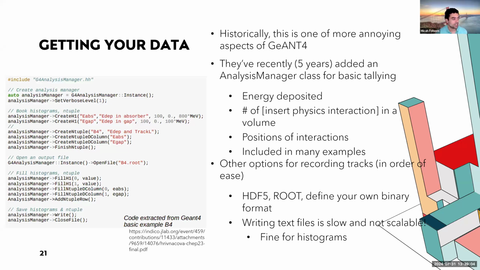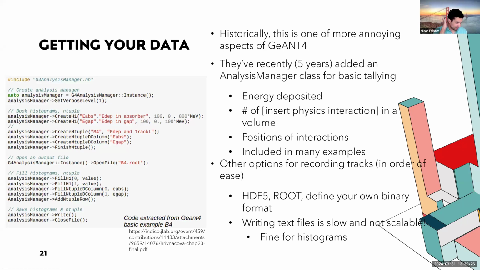But you can functionally do the same thing. If I want to collect all the energy absorptions in a volume, there's a pathway to do that, and they show you in the examples how to do that sort of thing. You can output it to CSV, HDF5, or ROOT file, your own binary, whatever you want to do there. There's a bunch of built-in stuff, or you can just define your own.